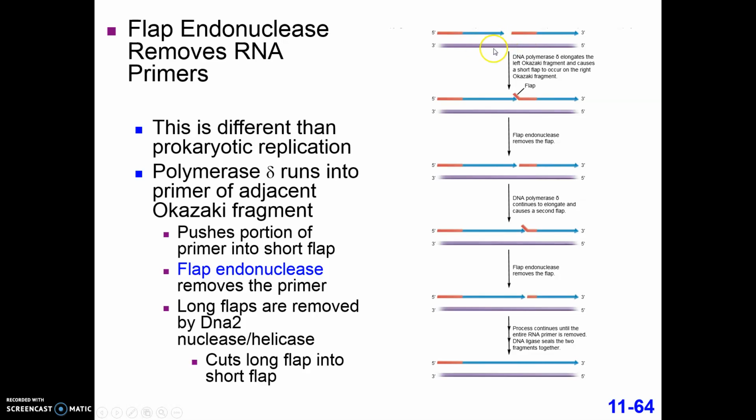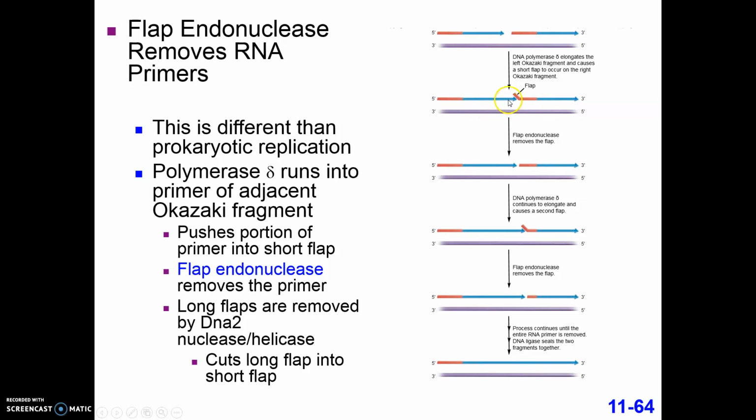In bacteria, if you recall, there is 5' to 3' exonuclease activity that will come in and just digest away these different RNA primers. With eukaryotic organisms, we have something called a flap endonuclease that comes in and starts chewing it up.